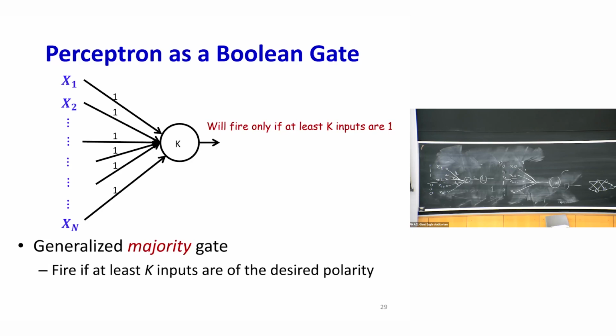In fact, if you want to build a Boolean circuit, you're going to need 2 raised to k gates or 2 raised to n gates to capture every possible pattern under which this can fire or not fire. So something that I'm doing with just one gate is going to take an exponentially sized Boolean circuit, which is why people thought this was so powerful. It's a universal Boolean machine, but it's not, okay?